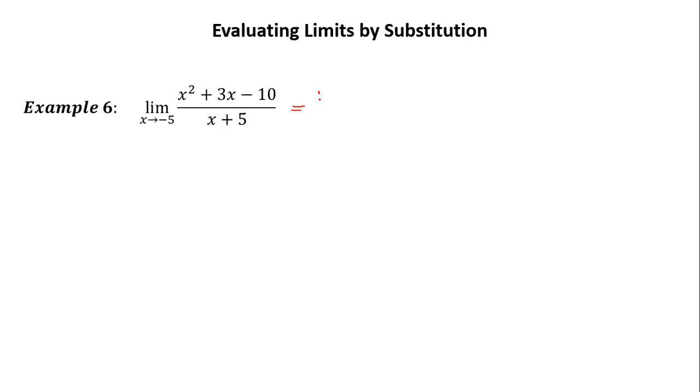So this one is equal to the limit as x approaches negative 5 of, the numerator is the same as x minus 2 times x plus 5, right, over x plus 5.